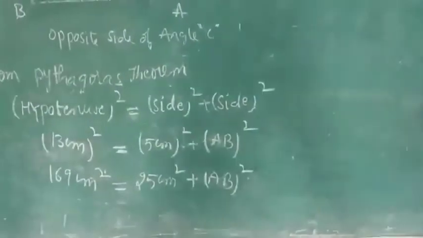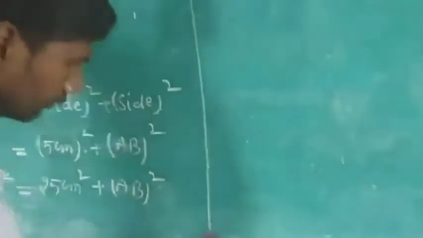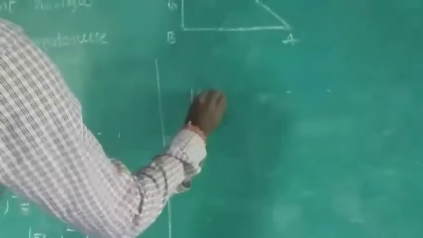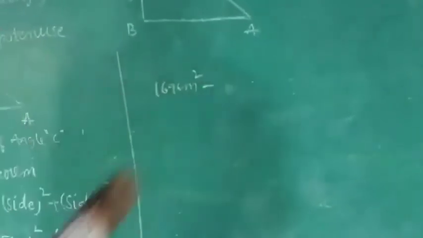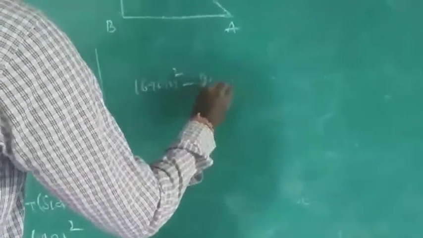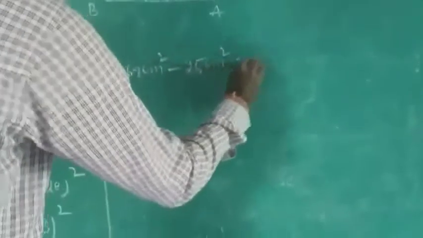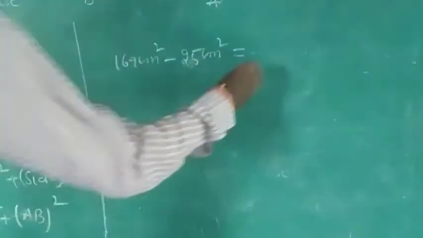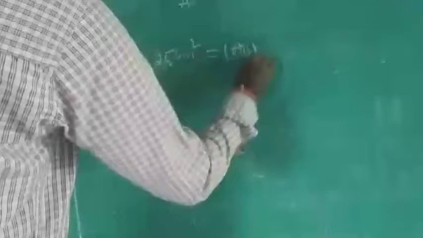Transposing, 169 centimeter square minus 25 centimeter square is equal to AB square.